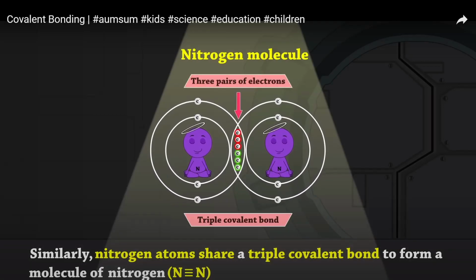So 3 pairs of electrons, or 6 electrons, form a triple covalent bond, and we use 3 lines. 1 line represents 2 electrons.